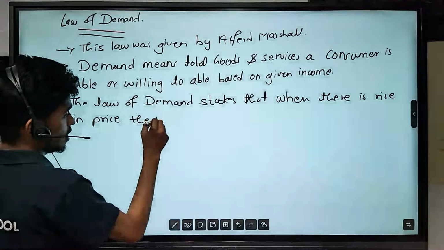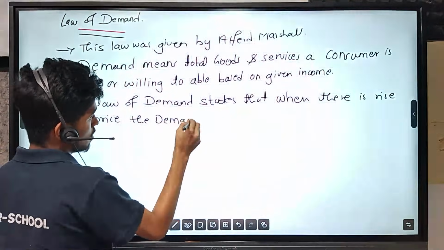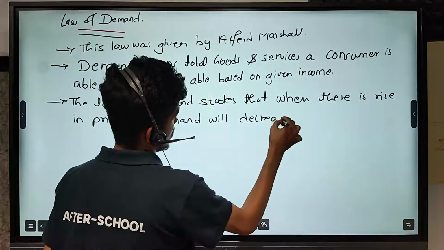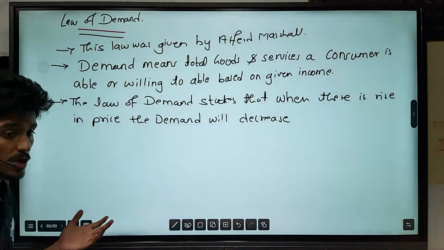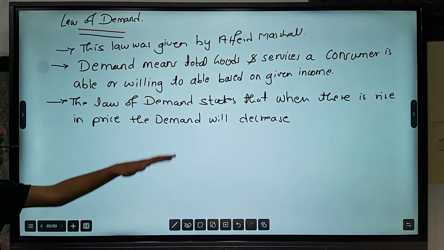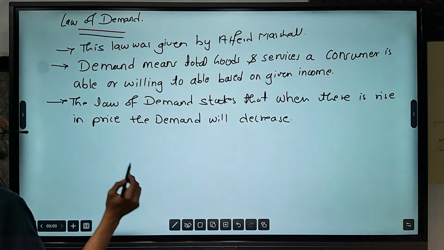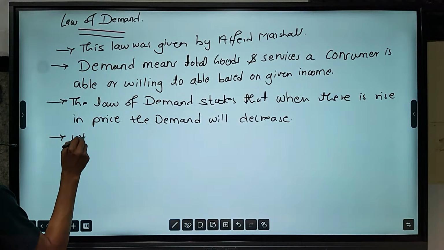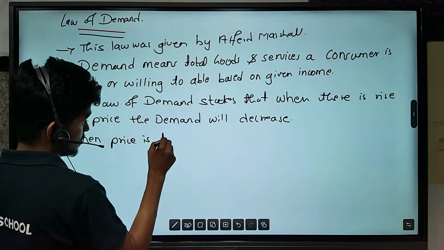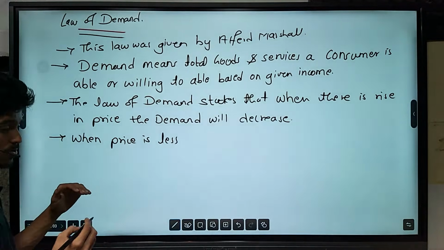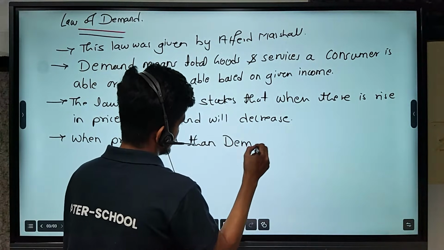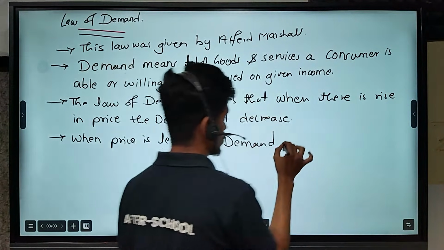That means when the price of goods increases, the person starts reducing the demand. He does not buy those goods. The demand starts reducing. And you can write: when price is less, when the price of goods is low, then demand increases. This you have to write.